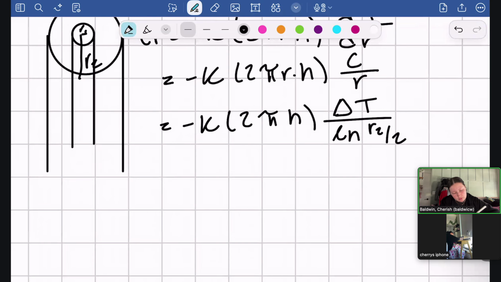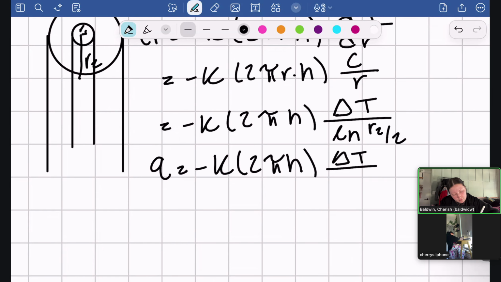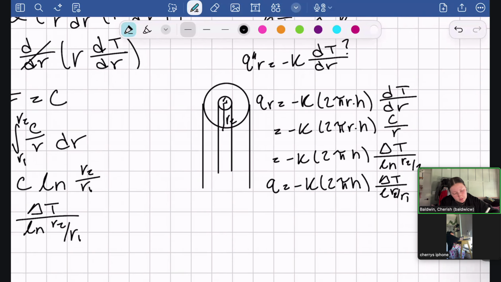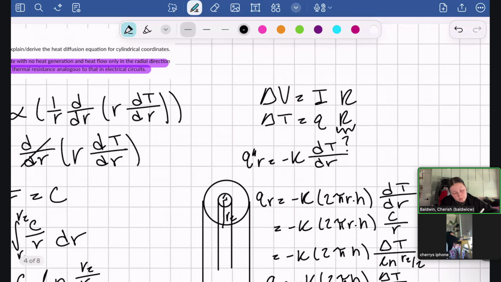So now we want to get this equation into this form.